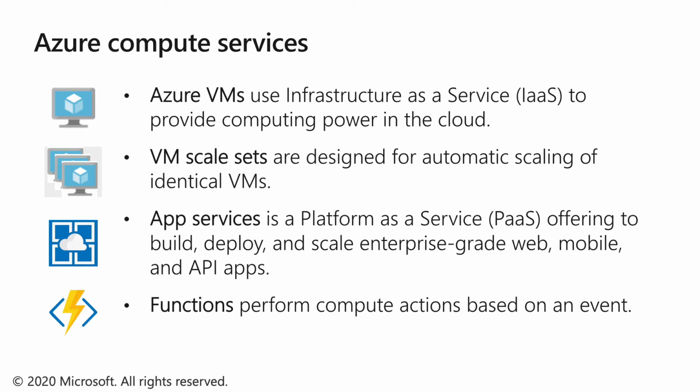App Services is a platform as a service offering to build, deploy, and scale enterprise-grade web, mobile, and API apps. Generally, anything that's cloud-based that runs, a multi-app service is going to be running something like this. And then you've got functions as well, and these perform compute actions based on a specific event.